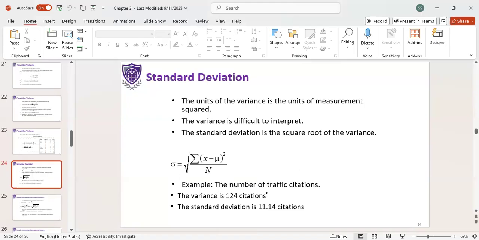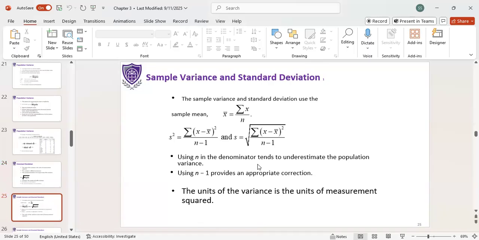So for variance, it would be citations squared, but for standard deviation, it will be citations. So you have the same unit for the dispersion measure, in this case the standard deviation, and for your observation. That's the good thing about standard deviation, it makes the interpretation a lot easier. All it is, is adding a square root to that variance.